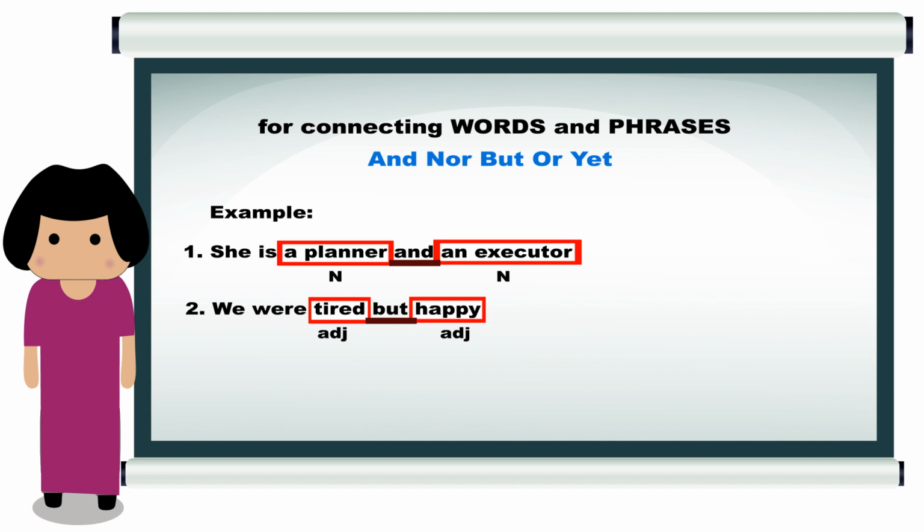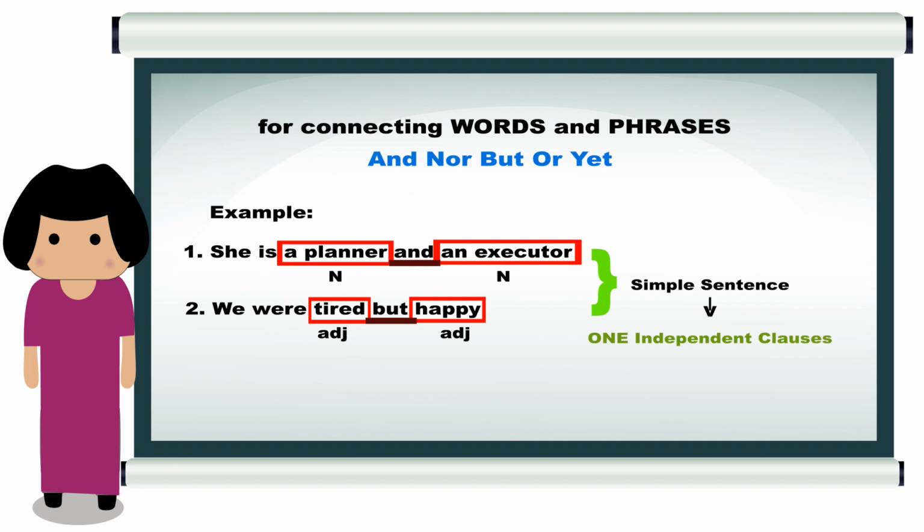Okay. Now if we use coordinating conjunction to connect only words or phrases, they are still categorized as simple sentences. Do you still remember what a simple sentence is? Yes, a simple sentence is a sentence that consists of one independent clause.